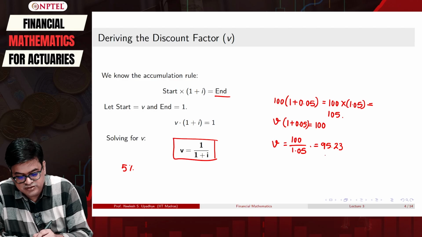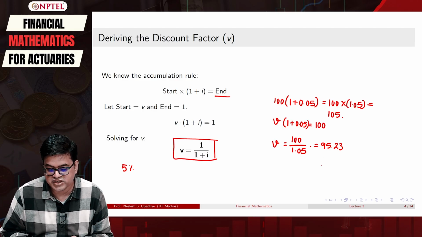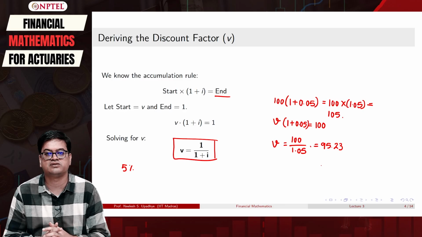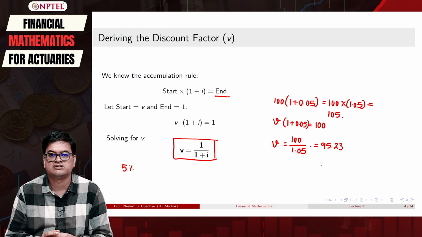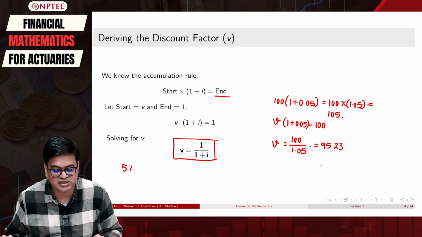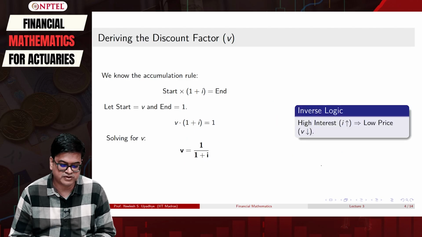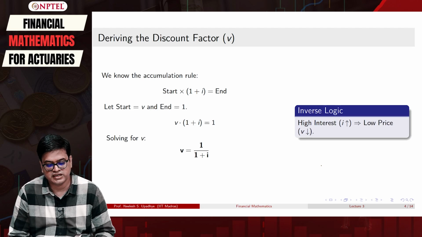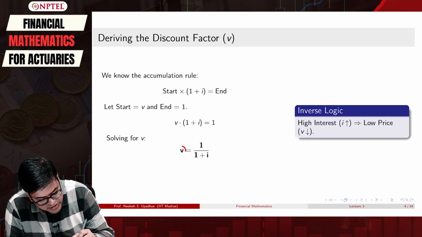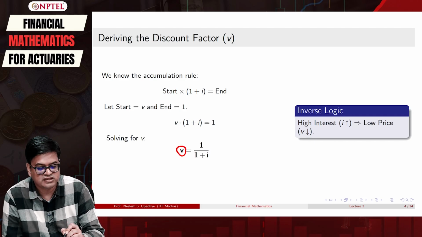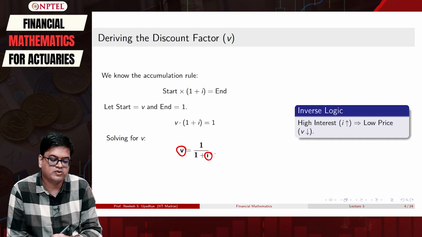So now you got the answer, right? So that's the beauty. So you do not need to invest 100 rupees at this moment. You just need to invest 95.23 rupees. But now the calculation got slightly messy. So now we will come to one major observation for this V, that is this present value that we are calling it as is inversely proportional to I. How will this translate?